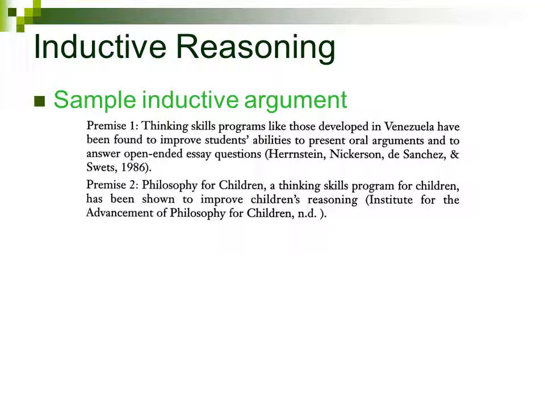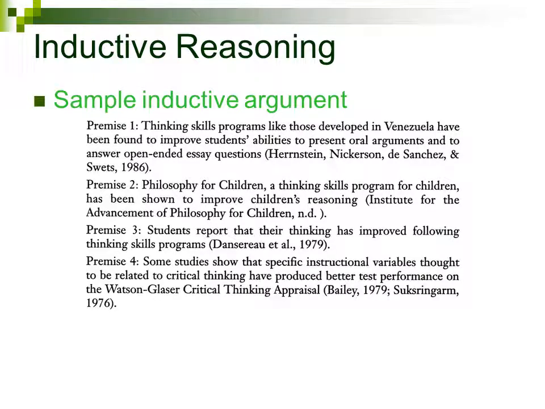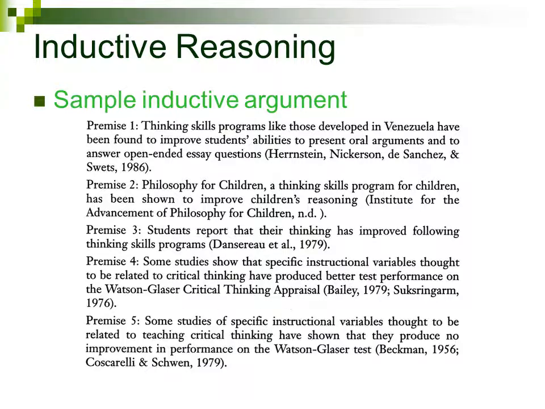And again, as you're reading them, try to figure out what can we conclude based on these premises. So if you had to come up with one statement to sort of summarize from all this information, what would it be?